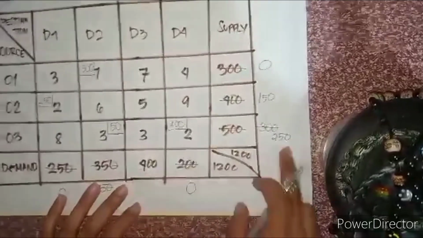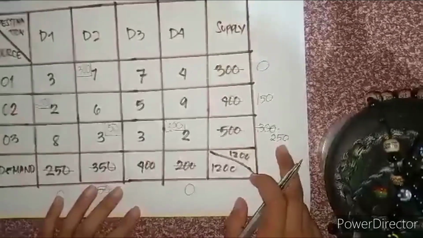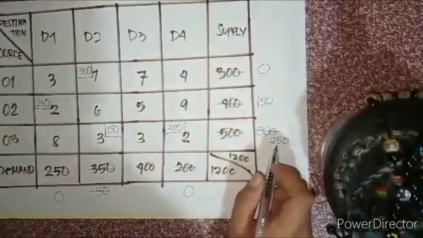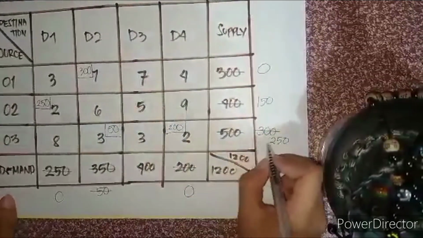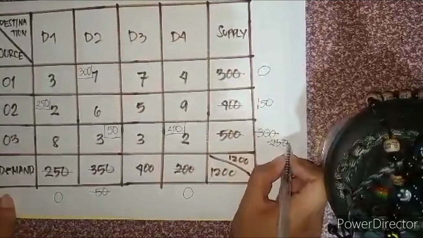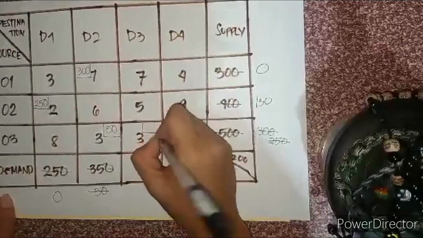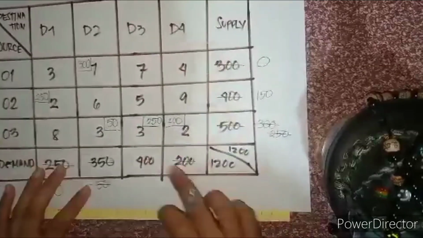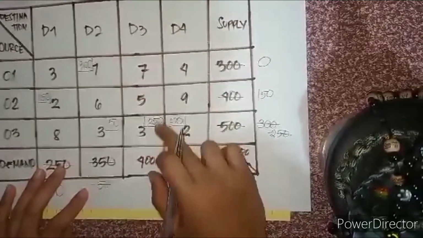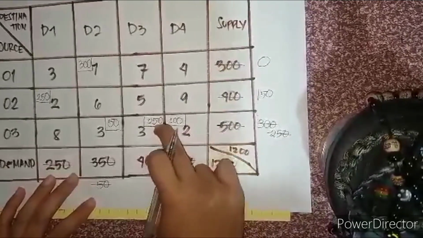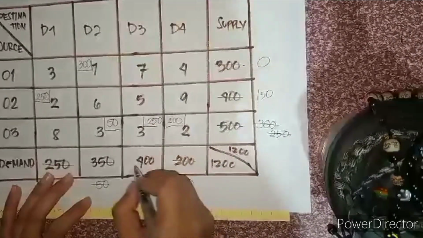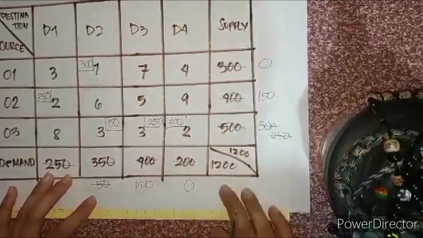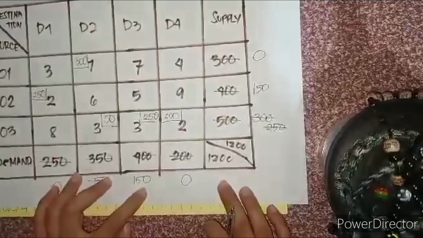Of 400 and 250, which has the minimum value? 250 has the minimum value. So let's allocate this 250 in this part. 400 minus 250 is equal to 150. So let's mark this out and it will be 150. So the demand now is 150.